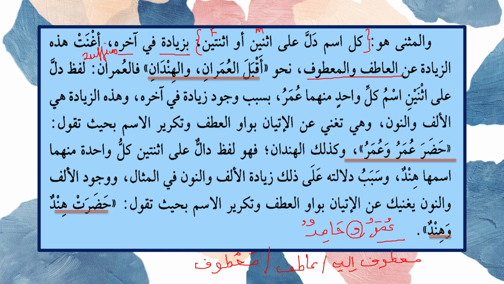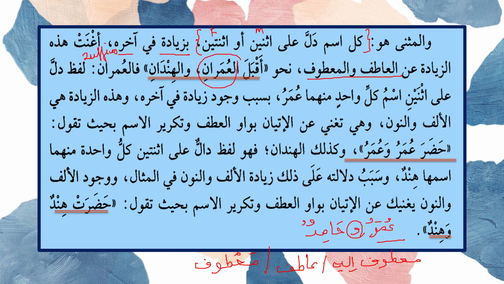That means that, for example, if there are two people and you want to say Hadara Omar, and those two people have the same name. So what will you say? Hadara Omaru wa Omaru. So instead of saying the names twice, I will just say Hadara Omaran. By making Omar into a dual structure, Omaran.